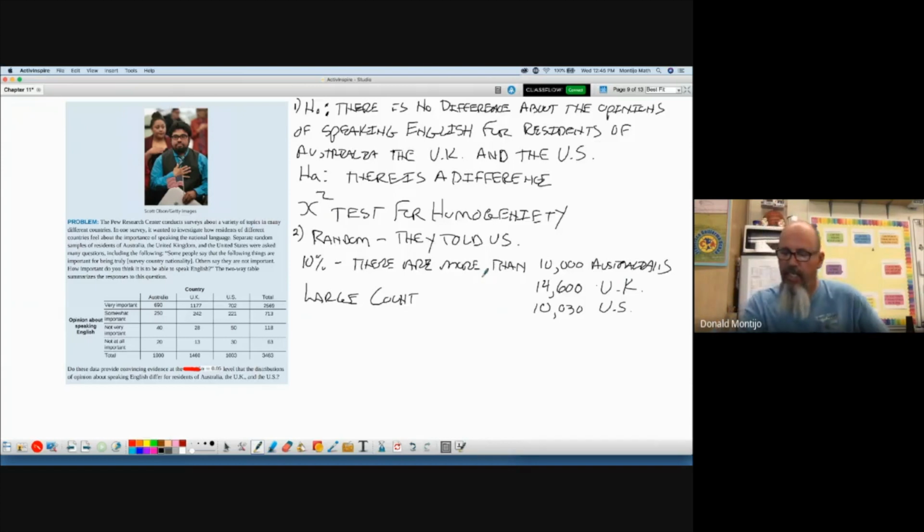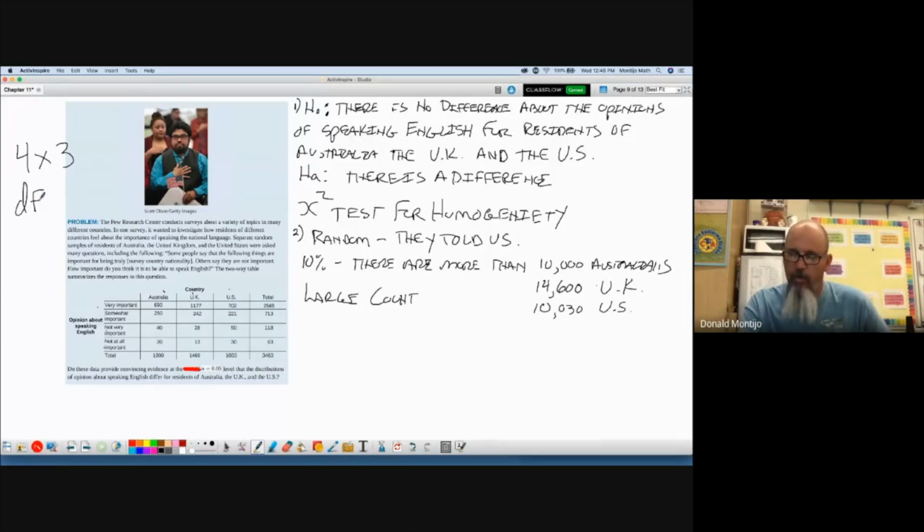So this is a row 1, 2, 3, 4, column 1, 2, 3. So this is a 4x3 table.